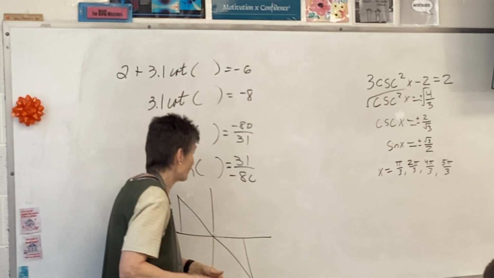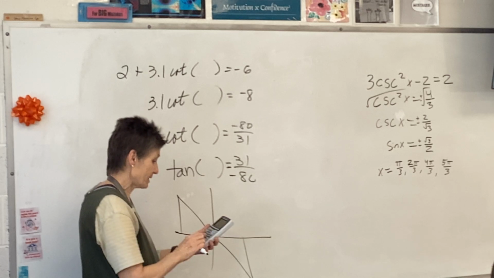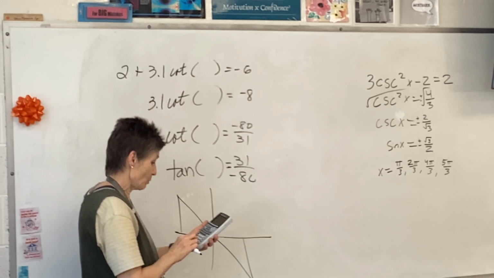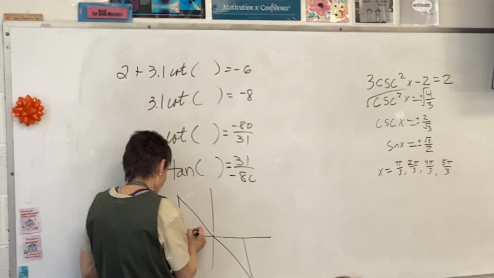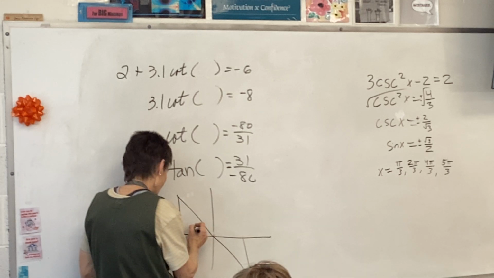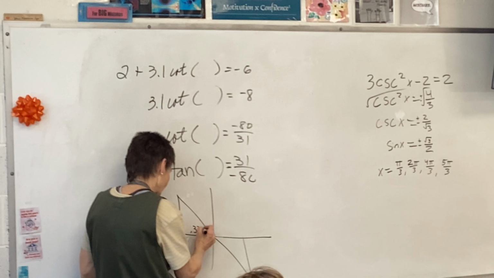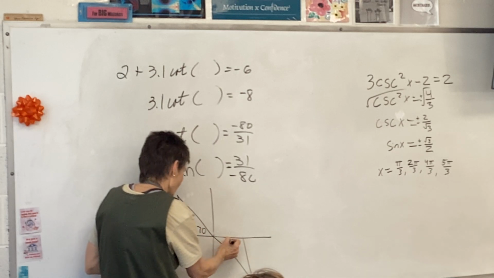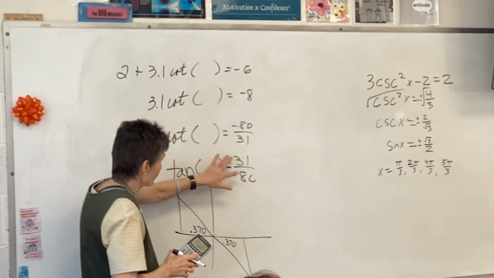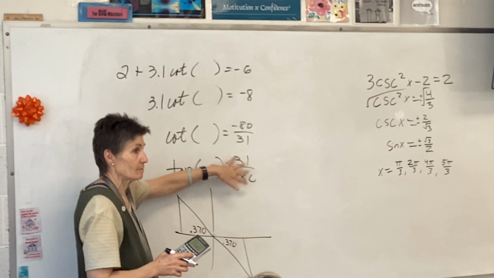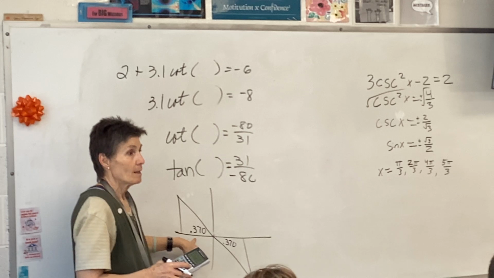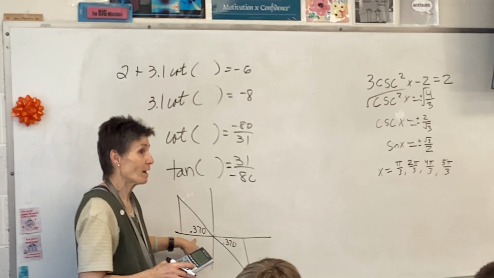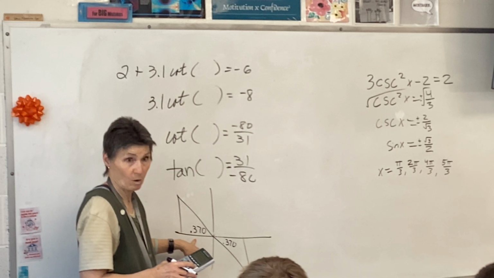So I'm just going to go to my calculator and I'm going to second tangent 31 divided by 80. And I know this angle is 0.370. The angle that has 31 over 80, that ratio is 0.370. But I gotta put it in quadrant 2 and 4.